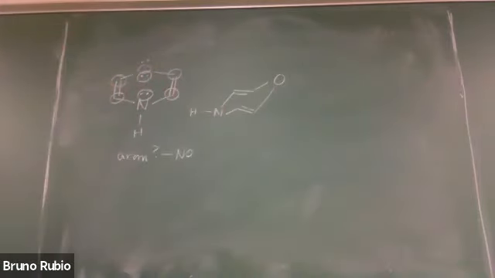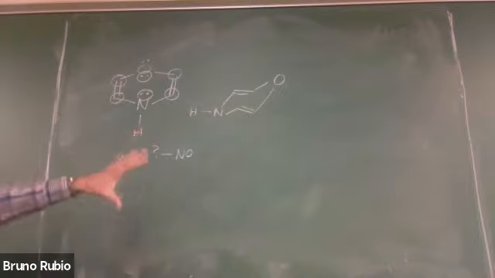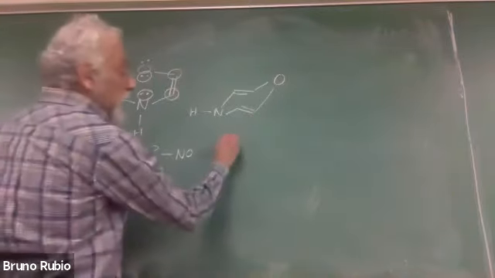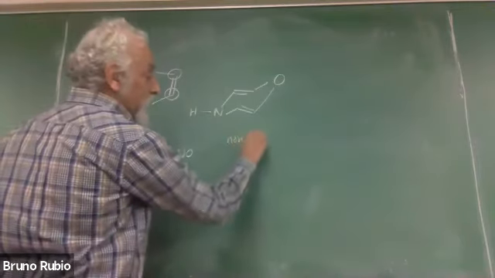Because no molecule wants to be anti-aromatic. Right? This thing isn't going to become anti-aromatic just because it's going to fit the rule that we're talking about. So it distorts from planarity. So this molecule is actually non-aromatic.